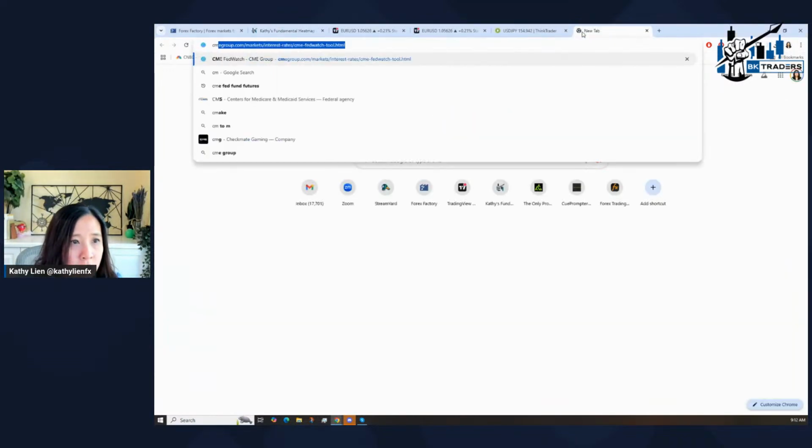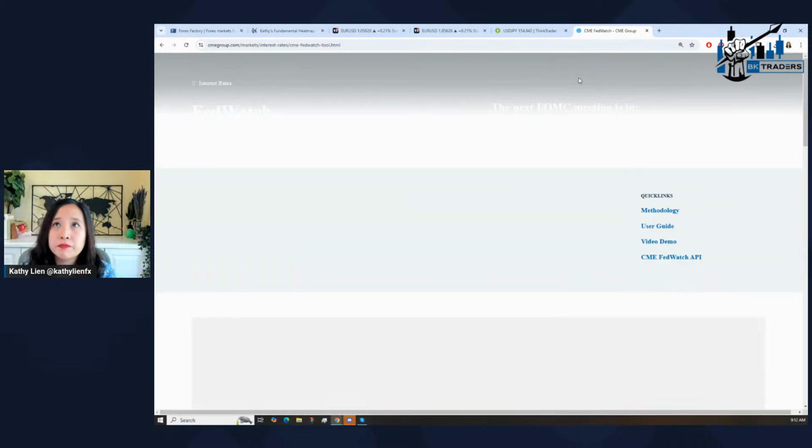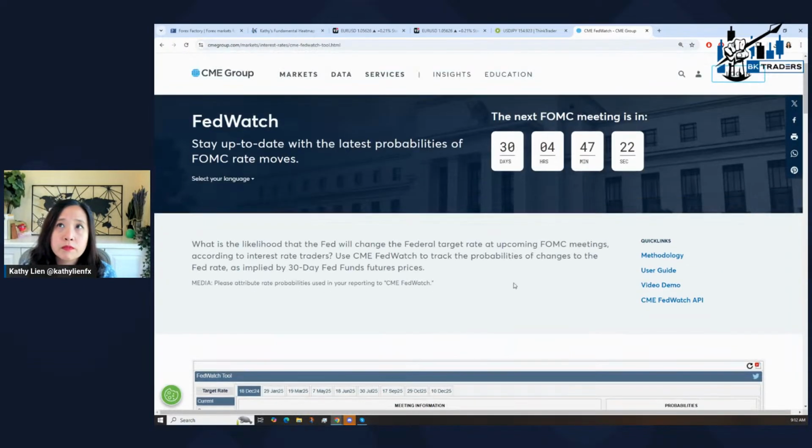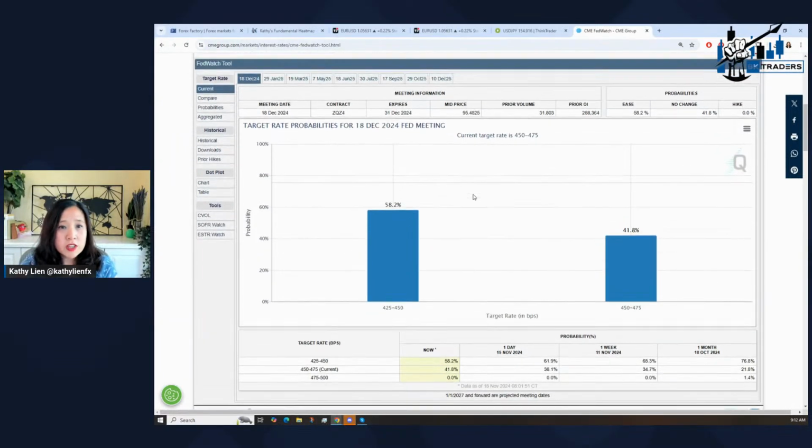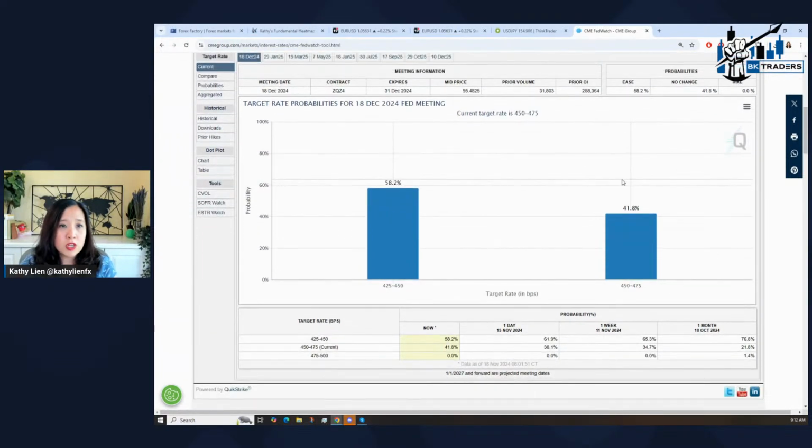I do want to show you one thing, which is this, and we look at this often. For those of you joining me for the very first time, this is the CME Fed Fund Futures. Basically, this is what the market has, quote unquote, priced in for the next central bank meeting.